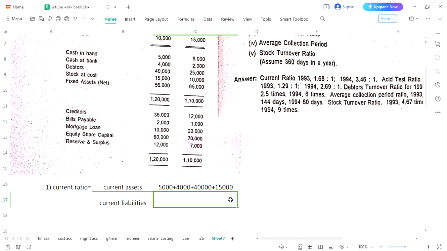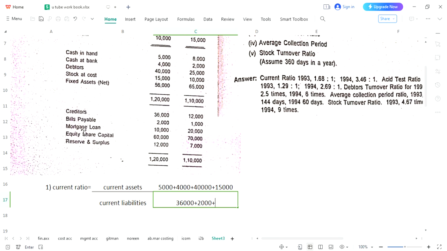We have completed. Now it's time to see current liabilities. Lower portion of this question includes liabilities. Creditors, yes, it's current liability. Then we have bill payable, 2,000. Yes, it is also current liabilities. Then we have mortgage loan, loan which has been taken for after mortgaging property.